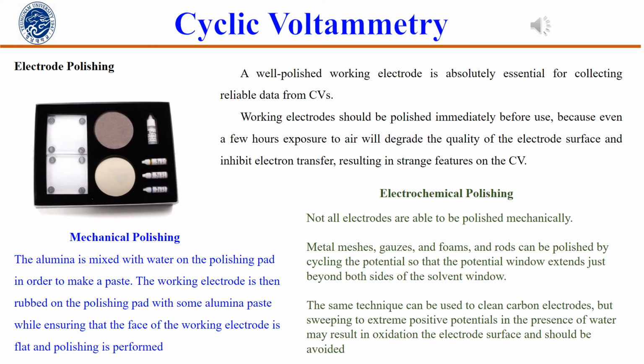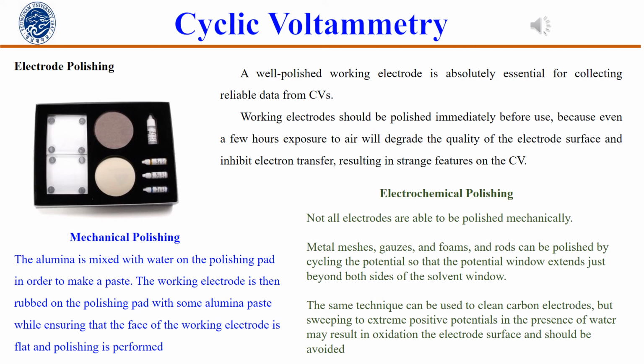So in this way we can polish the working electrode by mechanical polishing. In mechanical polishing we use alumina paste to polish the working electrode surface.